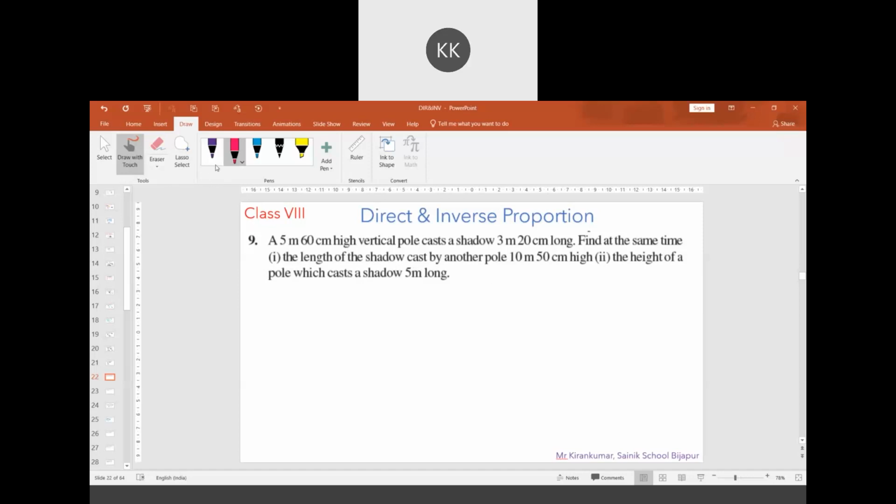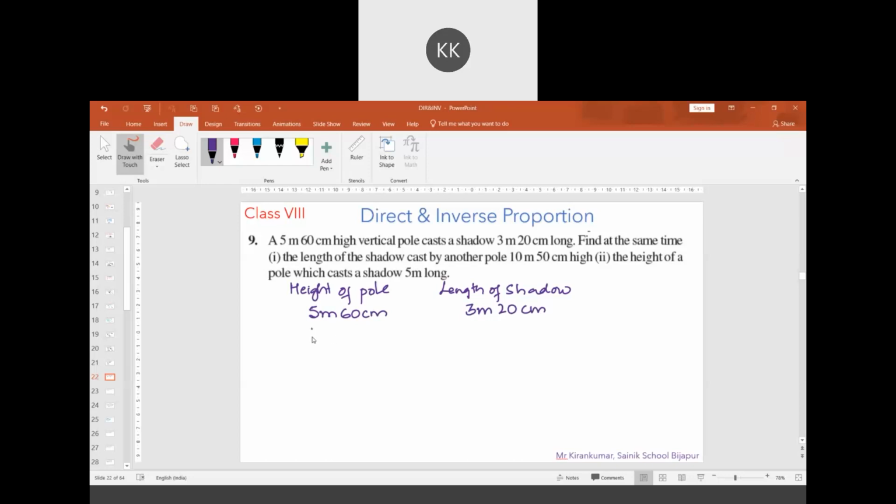Right. So let me make a tabular column for this. Let me mention the height of the pole and the length of shadow. If the height of the pole is 5 meter 60 centimeter, it is casting a shadow of length 3 meter 20 centimeters.